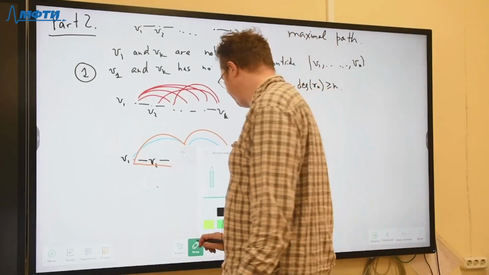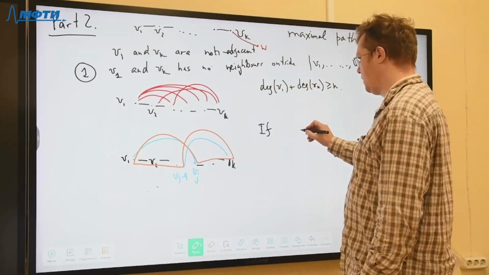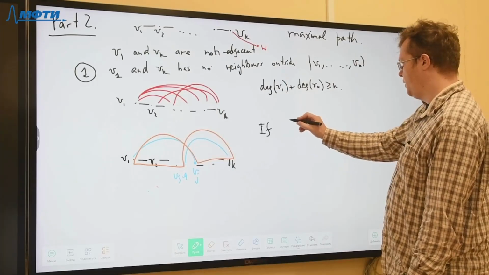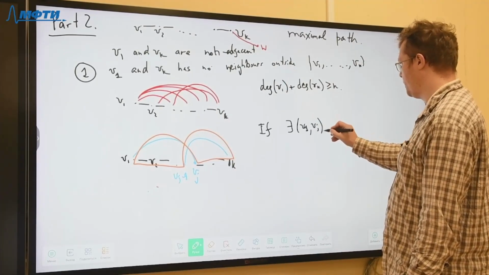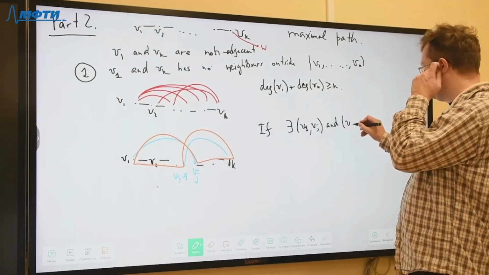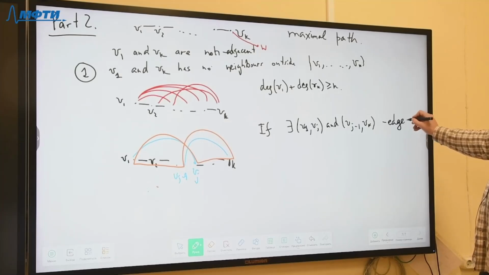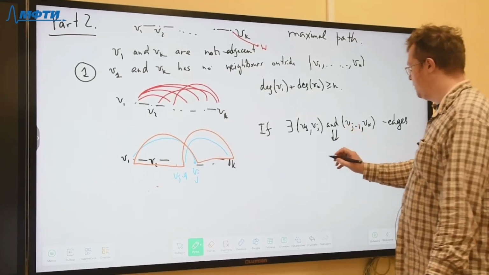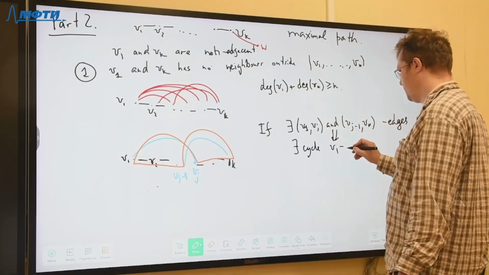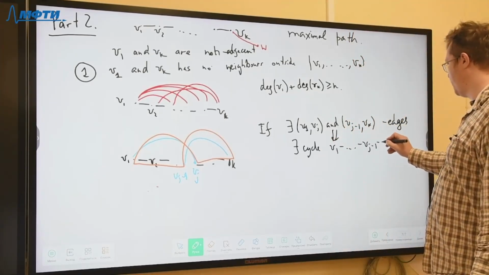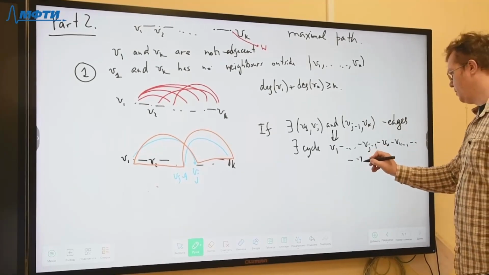So if there exist edges V1, Vj and Vk, Vj minus 1, then there exists a cycle V1, Vj minus 1, Vk, Vk minus 1, etc., Vj, V1.